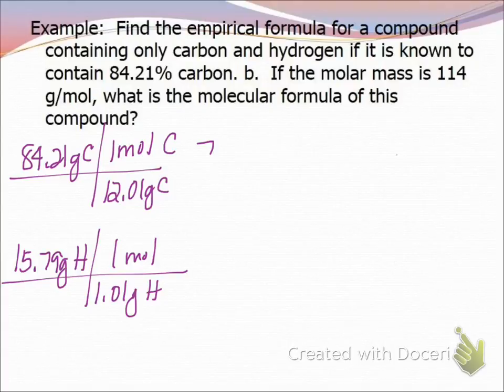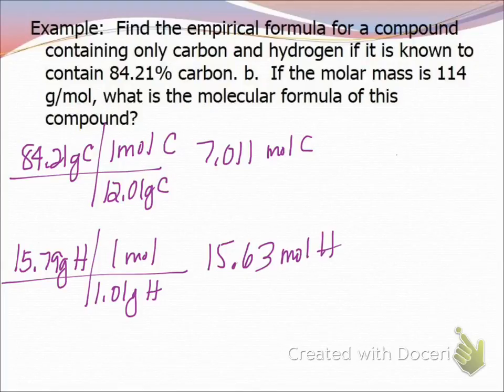So this comes out to 7.011 moles of carbon. This comes out to 15.63 moles of hydrogen. What's my next step? Divide by the smallest, 7.011. 7.011 divided by 7.011 equals 1.